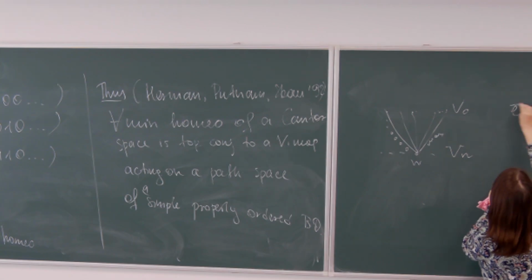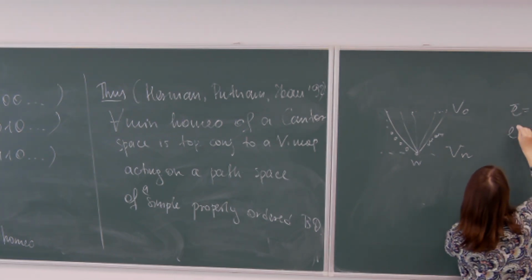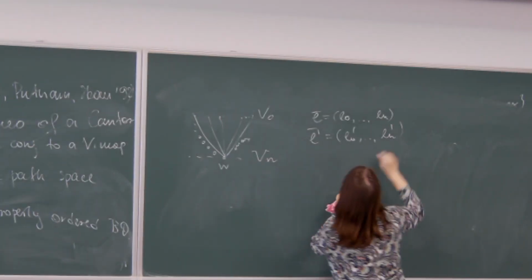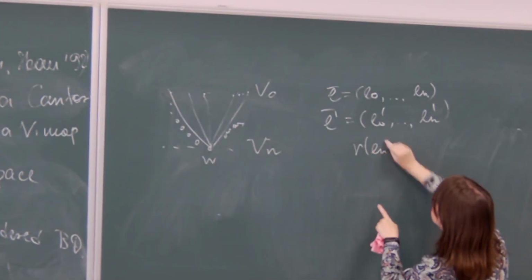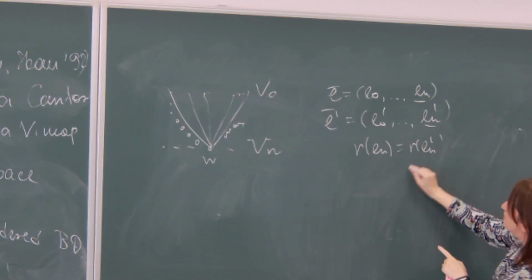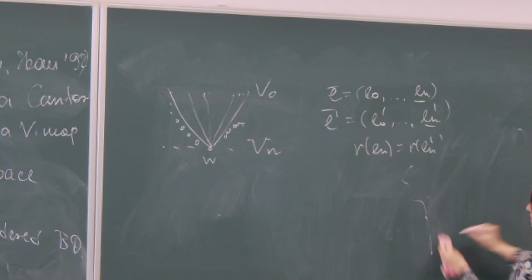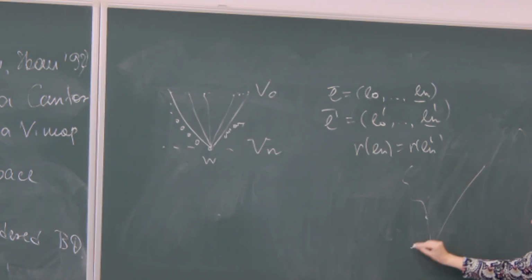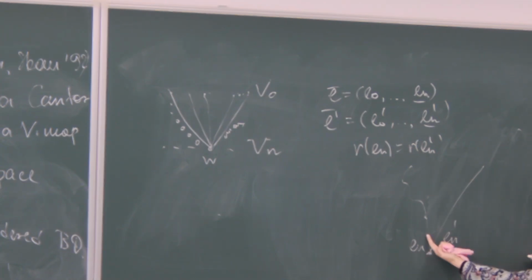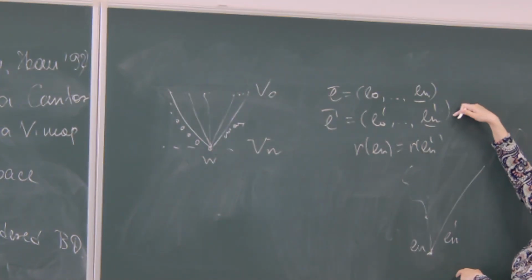If we have, for instance, one path and then another one, such that the ranges of these last edges are the same, we can look at these last edges, e_n and e_n prime. If e_n is smaller than e_n prime, then this whole path is smaller than the other.